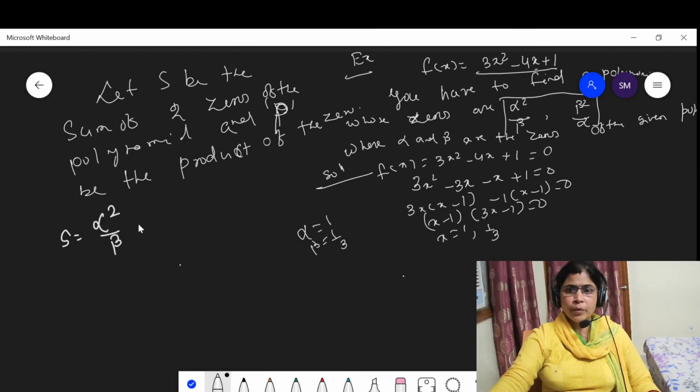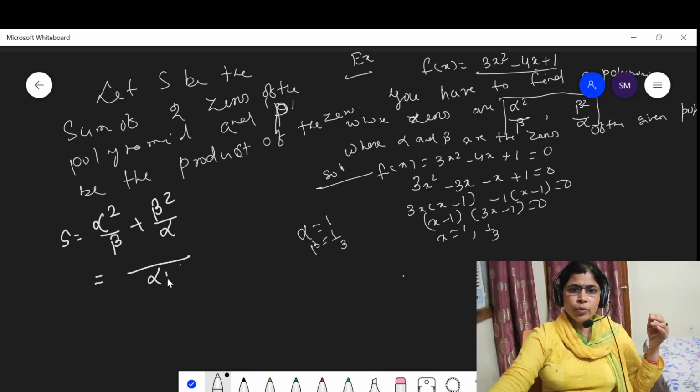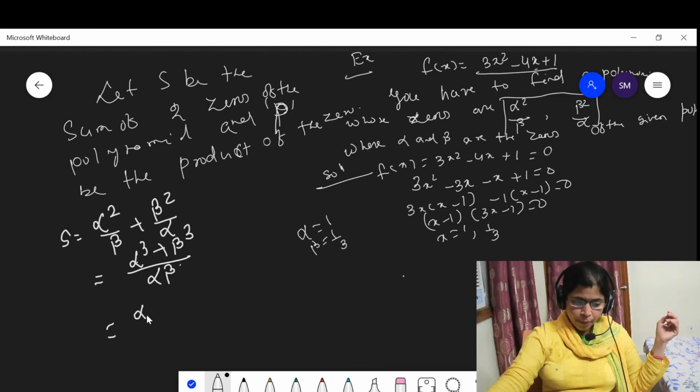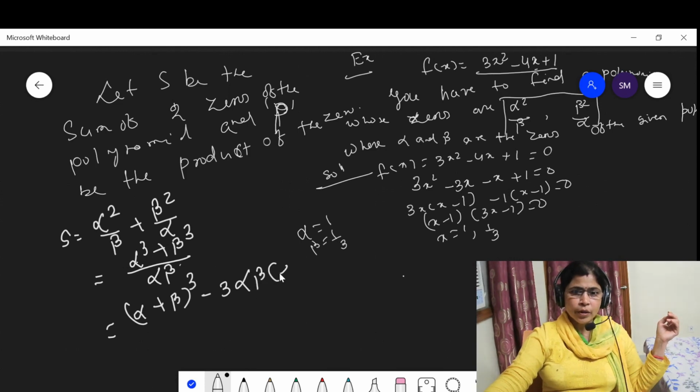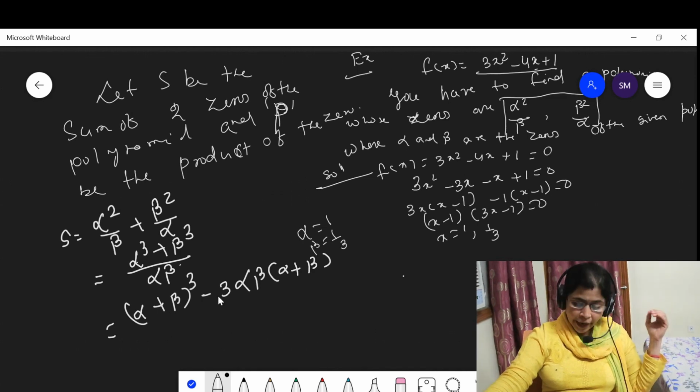Alpha square upon beta plus beta square upon alpha, because these two are zeros of this given polynomial, which is equal to (alpha cube plus beta cube) upon alpha into beta. Then alpha cube plus beta cube can be written as (alpha plus beta) whole cube minus 3 into alpha into beta into (alpha plus beta). Recall the identities.